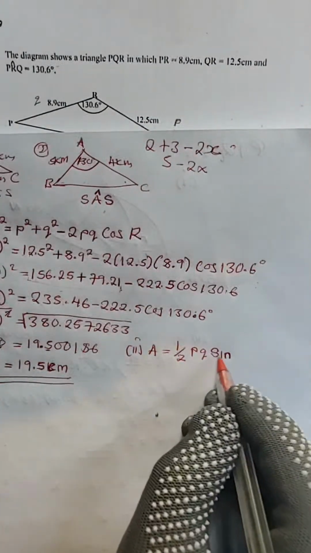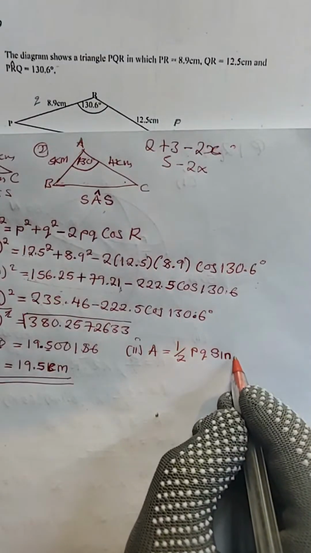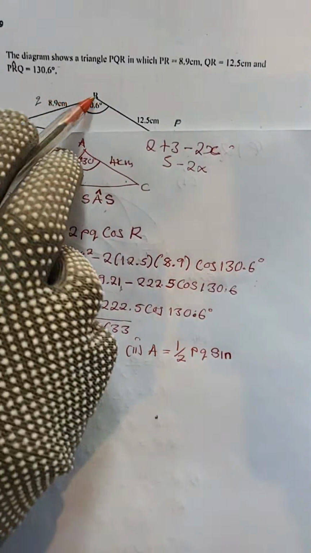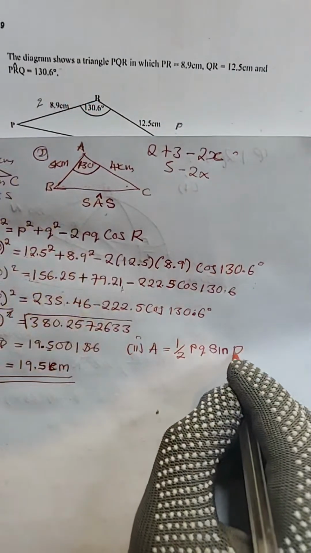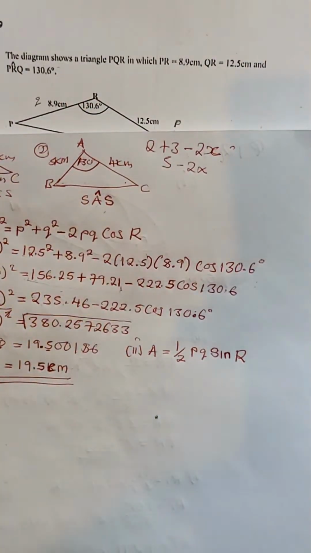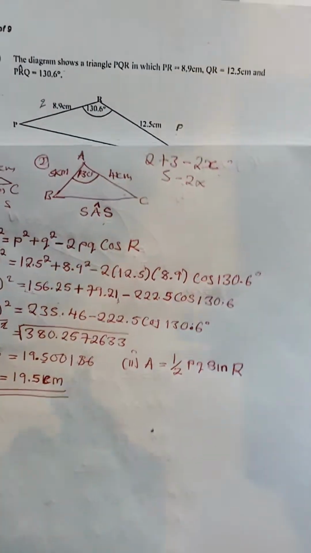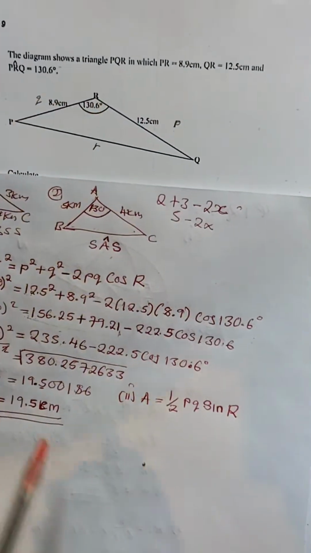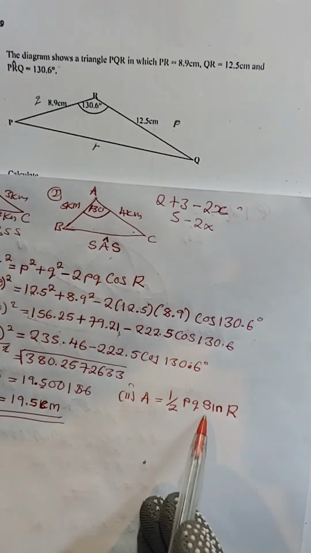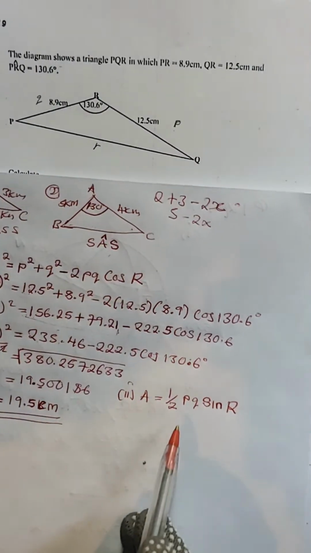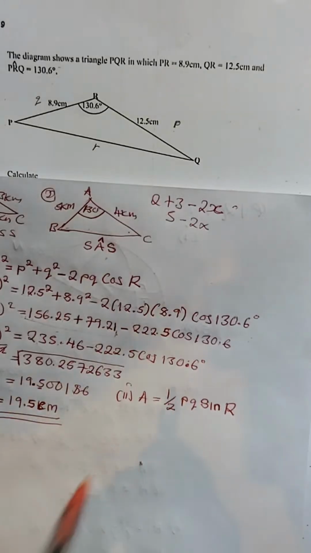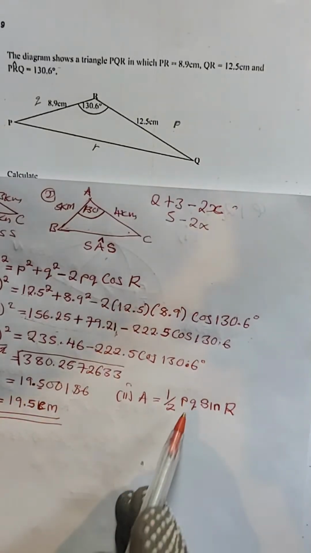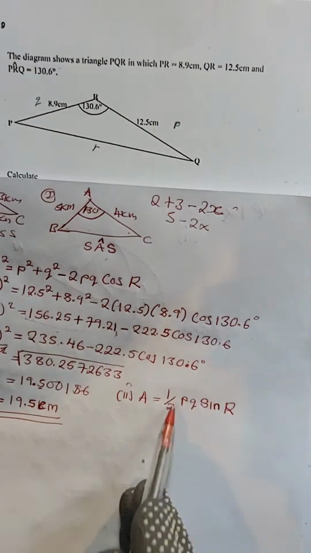Sine. So use sine of the angle given here, R. So we're going to write capital letter R. In other words, all the three letters must be represented here in the formula. How can you know that you've made a mistake? You can know that you've made a mistake if you've repeated a letter.